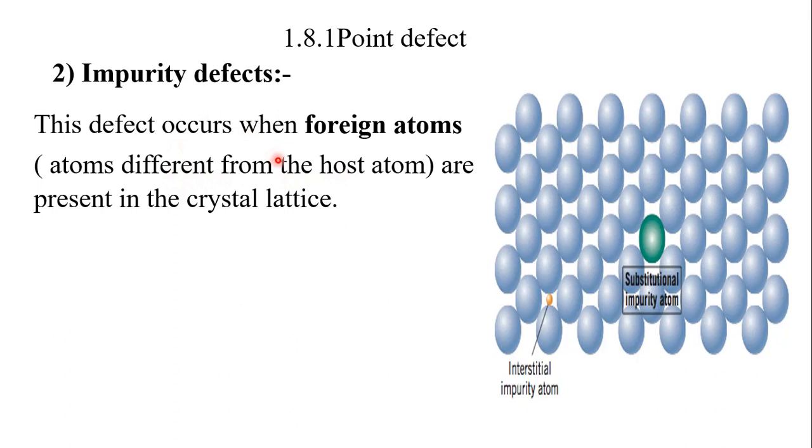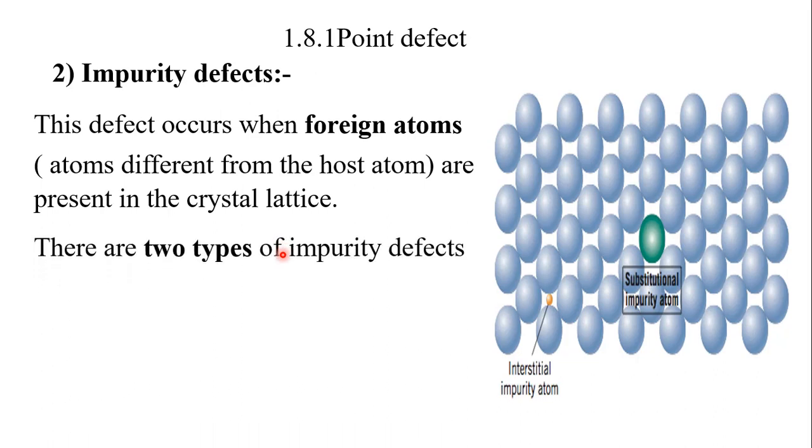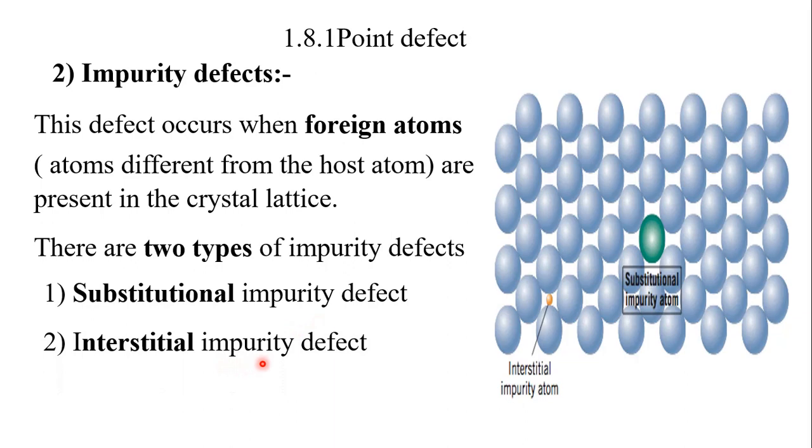When an atom of a different element is introduced as an impurity in a crystal lattice, then that defect is known as an impurity defect. Now these impurity defects are of two types. First, substitutional impurity defect, and second, interstitial impurity defect. Now substitutional means what? When an atom of the other element displaces the atom of the host element, then that is a substitutional impurity defect.